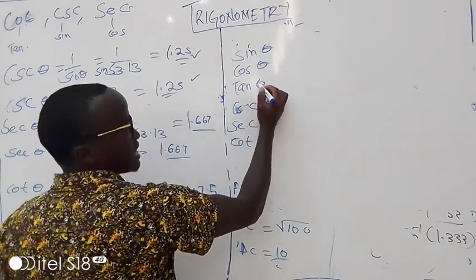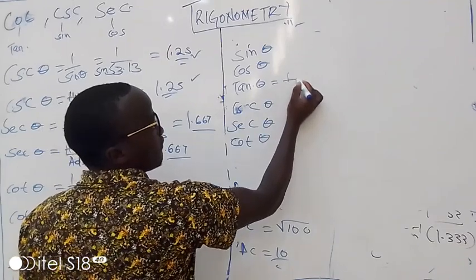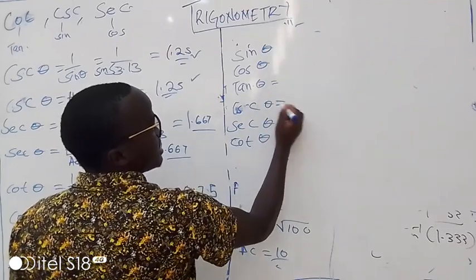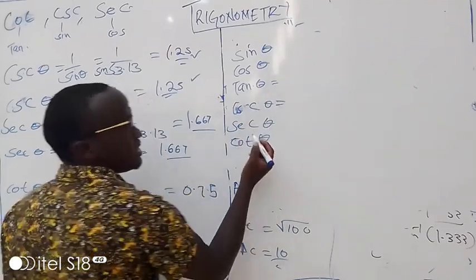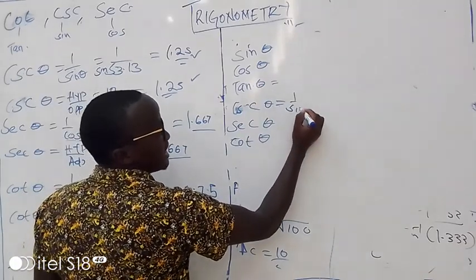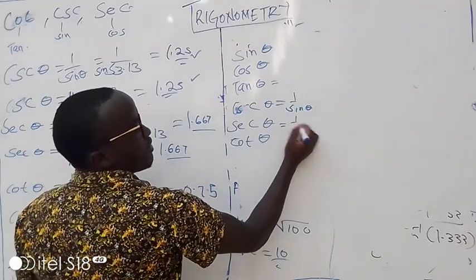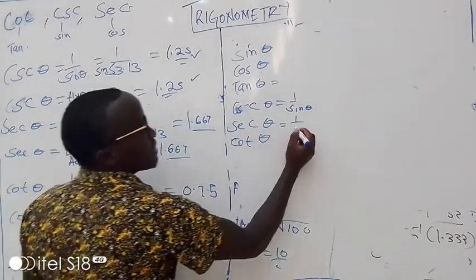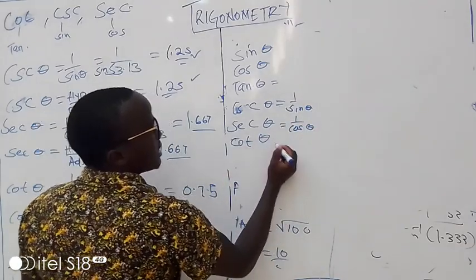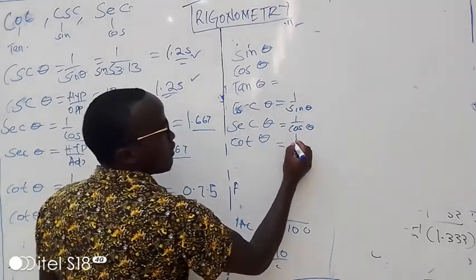In this case, cosec theta is equal to 1 over sine theta, sec theta is equal to 1 over cos theta, and cot theta is equal to 1 over tan theta.